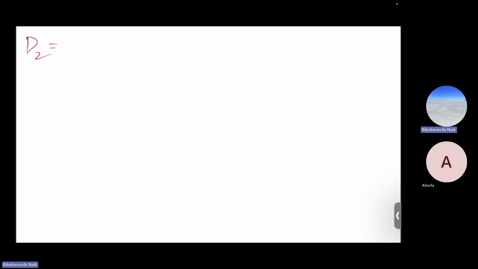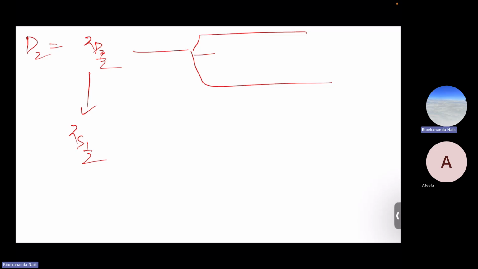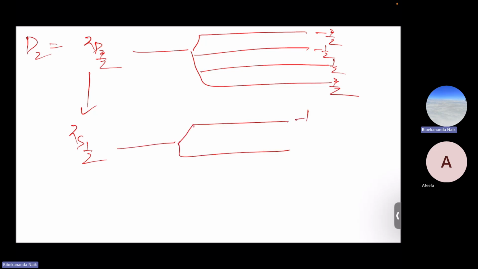Similarly, if you talk about D2, it was 2p3/2 to 2s1/2. So 2p3/2 will get split into four levels: minus 3/2, minus half, half, 3/2, and 2s1/2 gets split into two levels, minus half and half. So minus 3/2 to minus half, then these two, then these two, and then 3/2 to half.